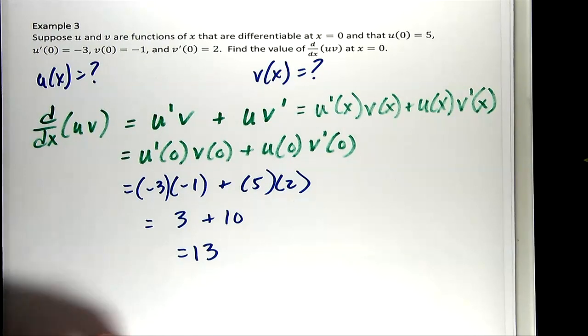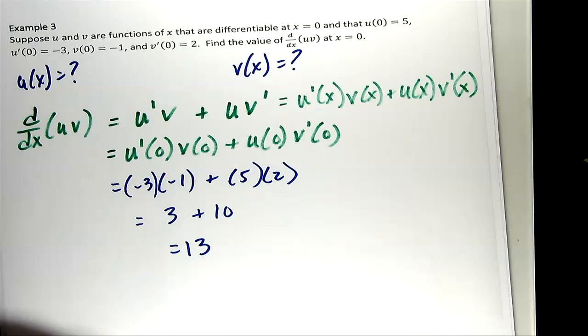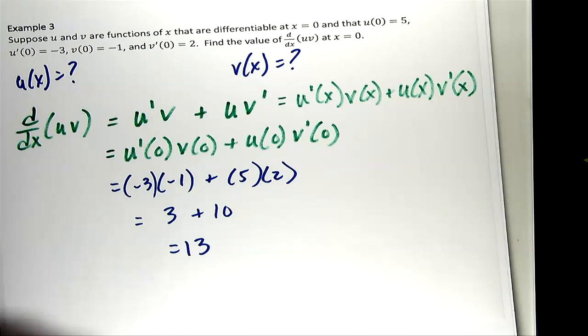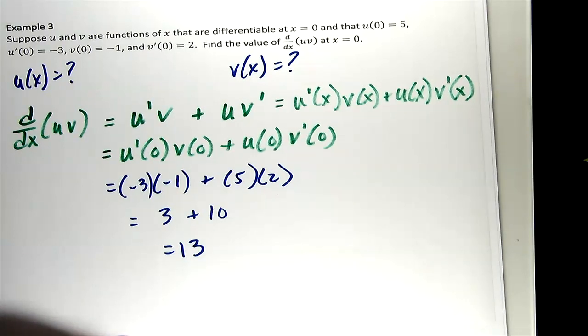That's the product rule. We've looked at the sum of derivatives, difference of derivatives, the product of derivatives. What arithmetic thing are we missing? Quotient, division.